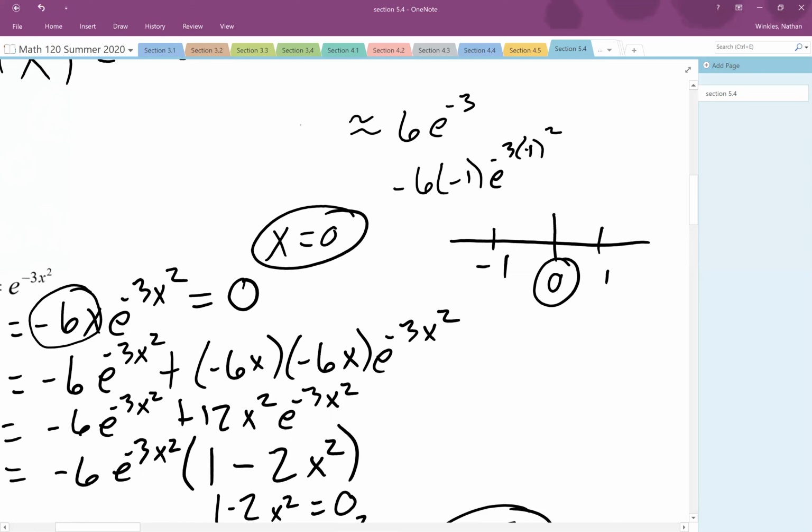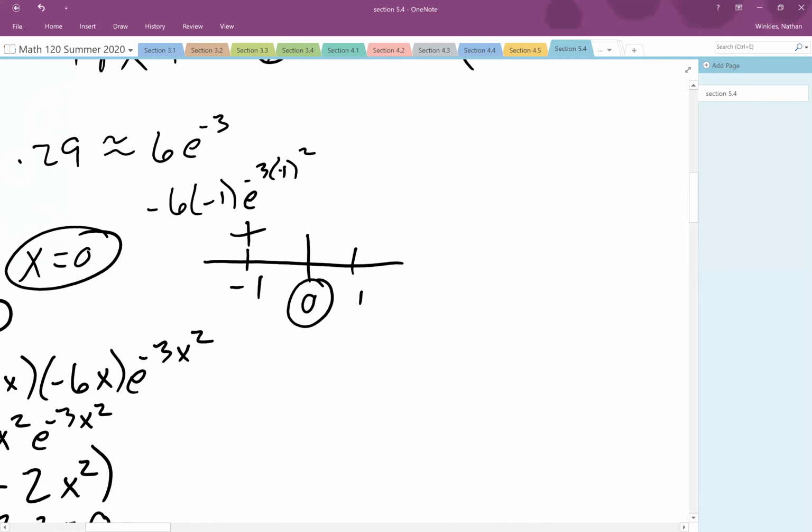This value is approximately 0.29, so therefore it's positive. Plugging in 1, we get minus 6 times 1e to the minus 3 times 1 squared, so minus 6e to the minus third. So we would get approximately negative 0.29, so it's negative there.